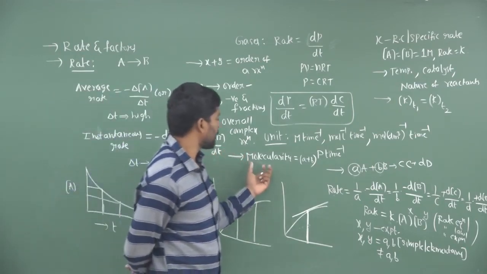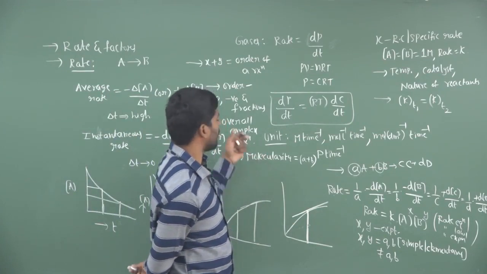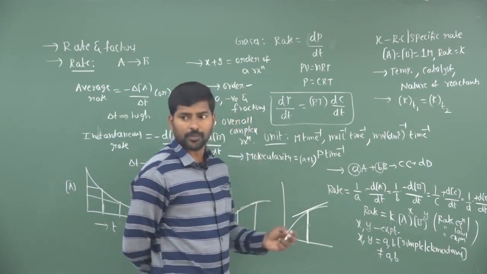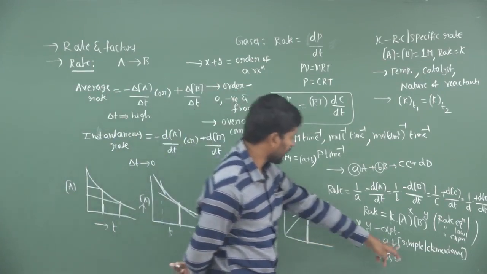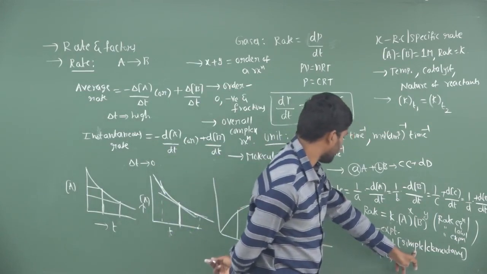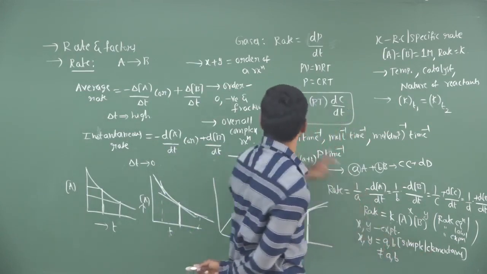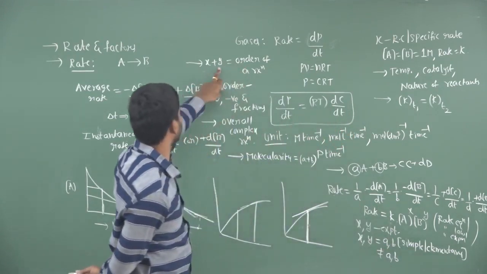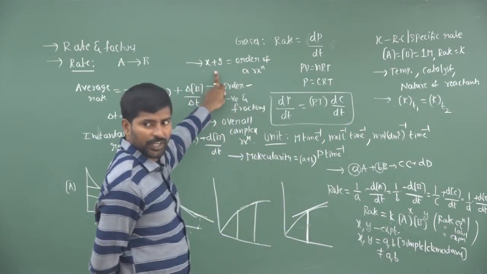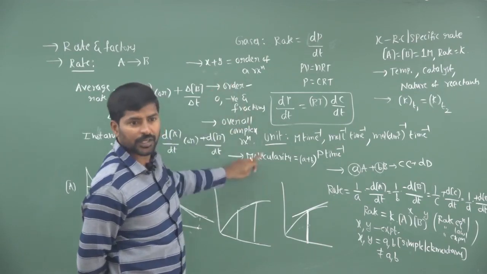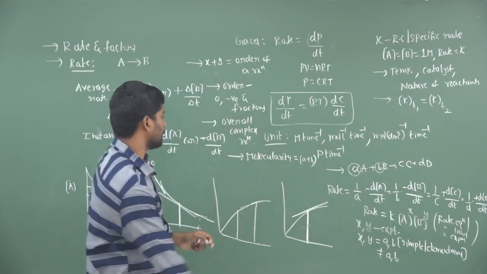So for single step, elementary reactions, both molecularity and order are the same. For elementary reactions, what about the x, y values? They are the coefficients of A and B, so order is x plus y. So for elementary reactions, order and molecularity are the same.